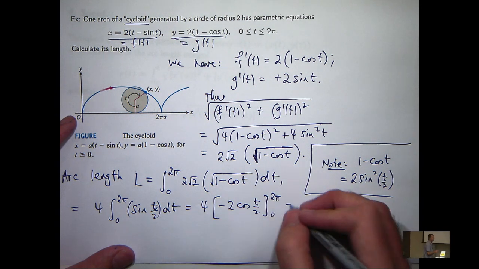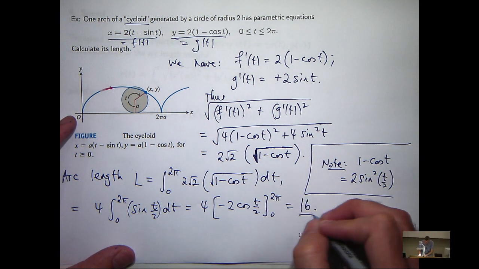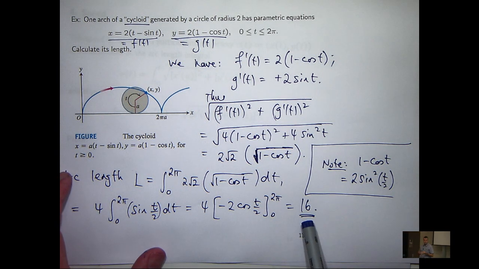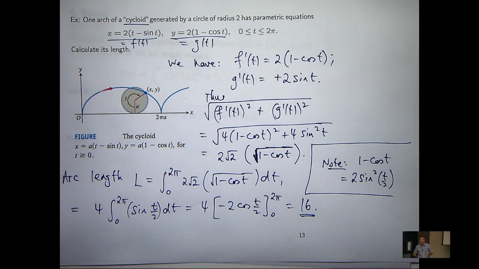Now, if you plug this in, you'll get 16. No, because the root 2 comes from here, right? And then that hooks up with this root 2, so you get 4. Yep. Now, think about it. 16, it's kind of a nice round number.